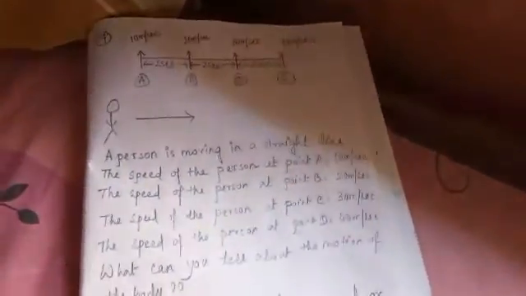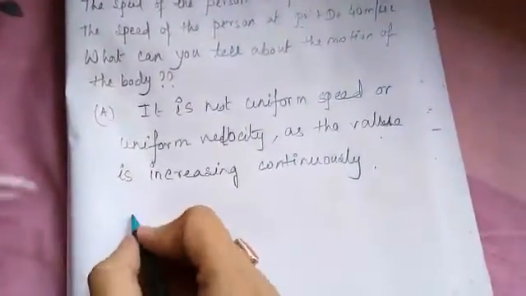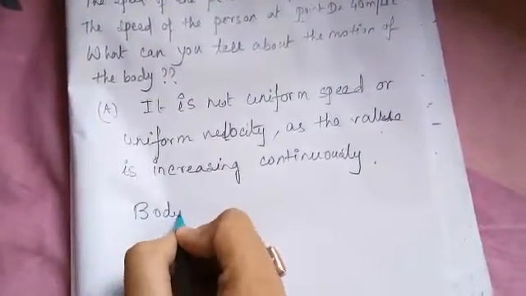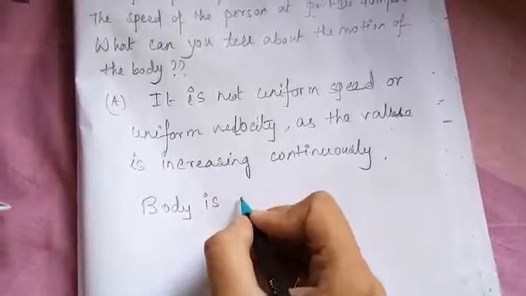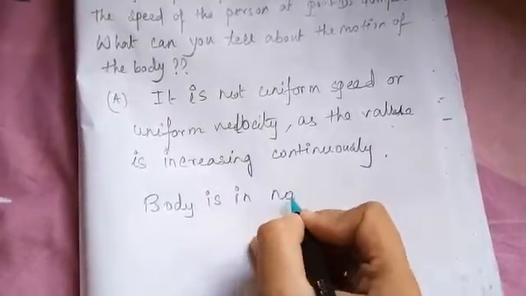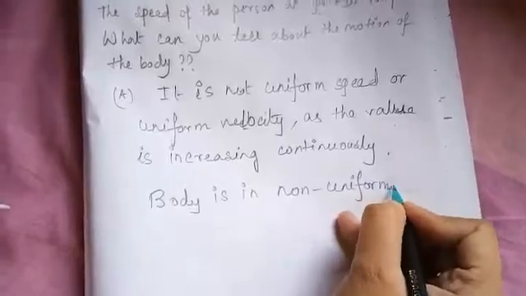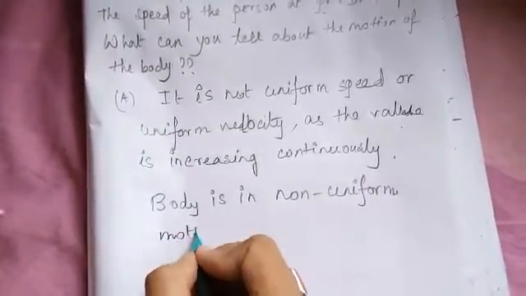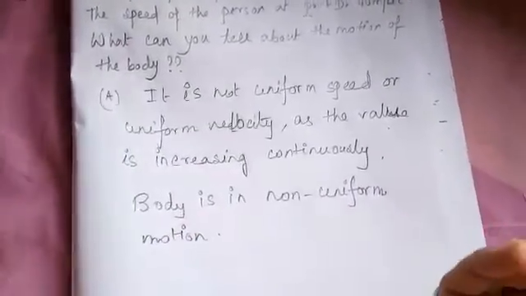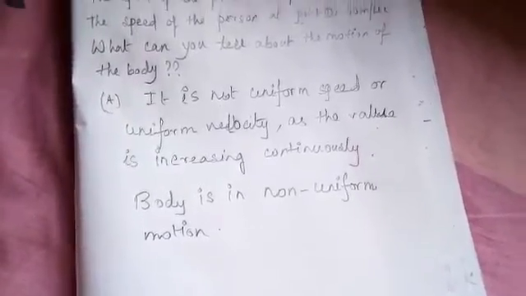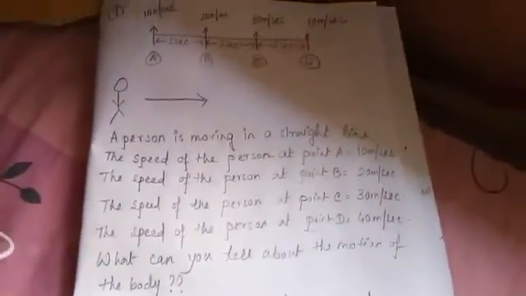Okay, we can see here. Now that means the body is in non-uniform motion, as speed is not uniform and velocity also not uniform, so it is in non-uniform motion.